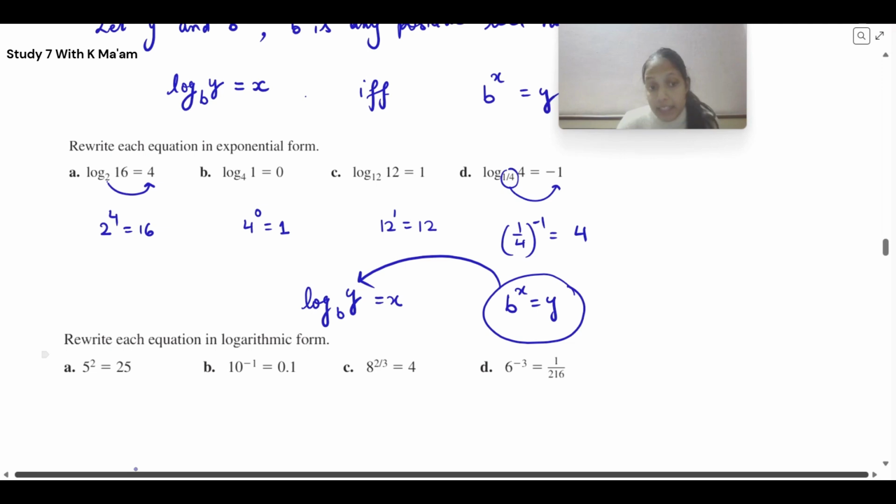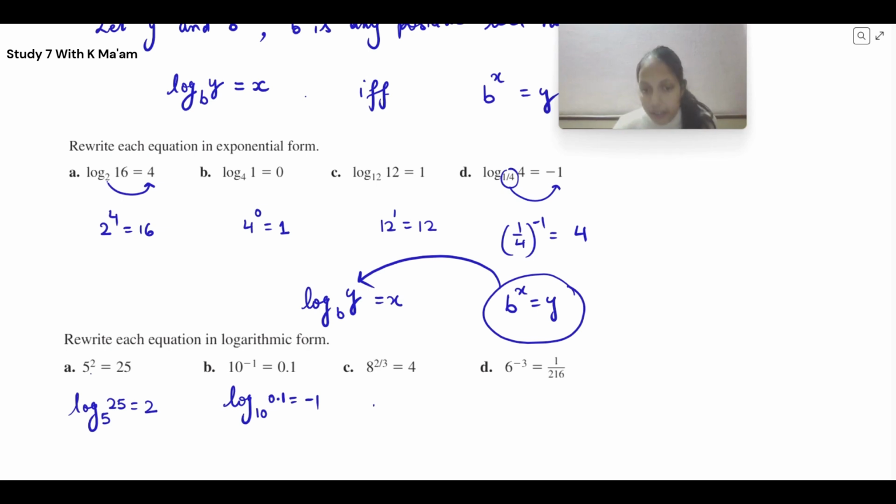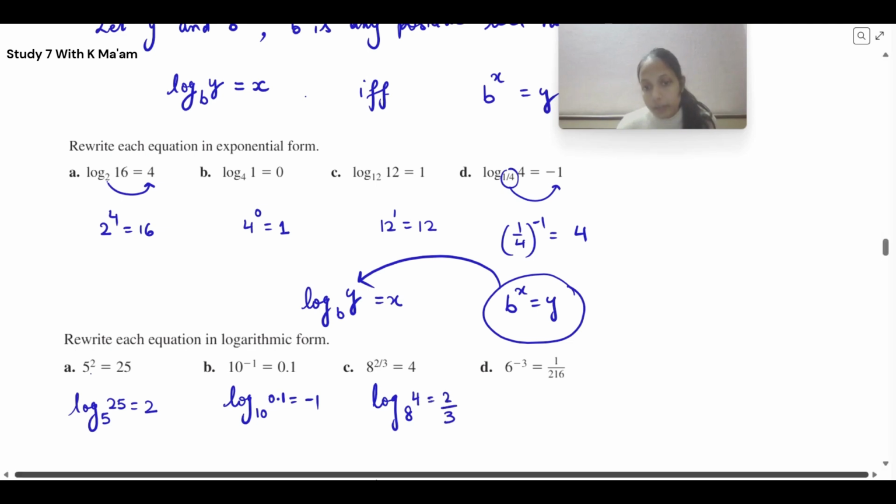Base is 5, so I will write log base 5 of 25 is 2. Log base 10 of 0.1 is negative 1. Log base 8 of 4 is 2 by 3. Log base 6 of 1 by 216 is negative 3.